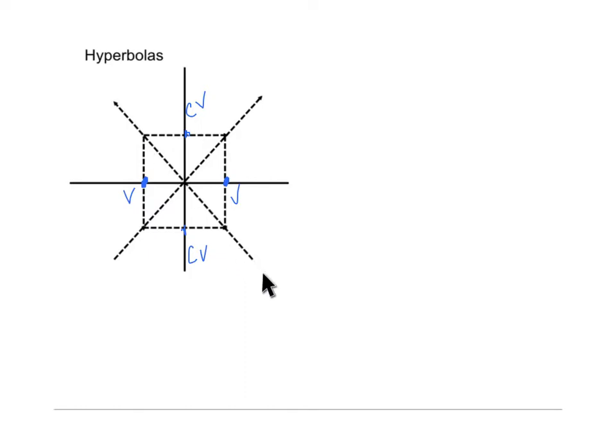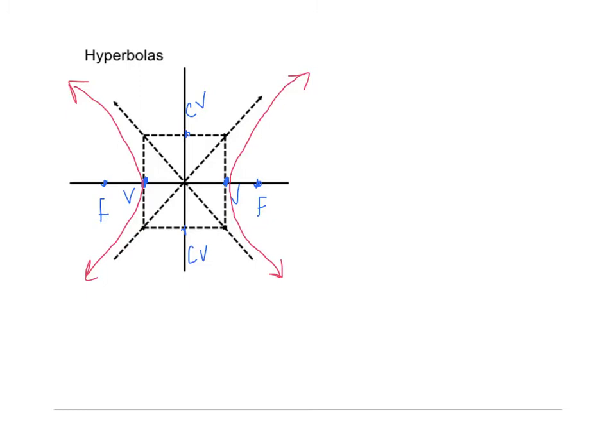The foci, just like in an ellipse, are on the main axis. And the hyperbola actually looks like this. It passes along the asymptotes without crossing them, and then passes through the vertex. So we have an additional thing here in that we have the equations of the asymptotes.